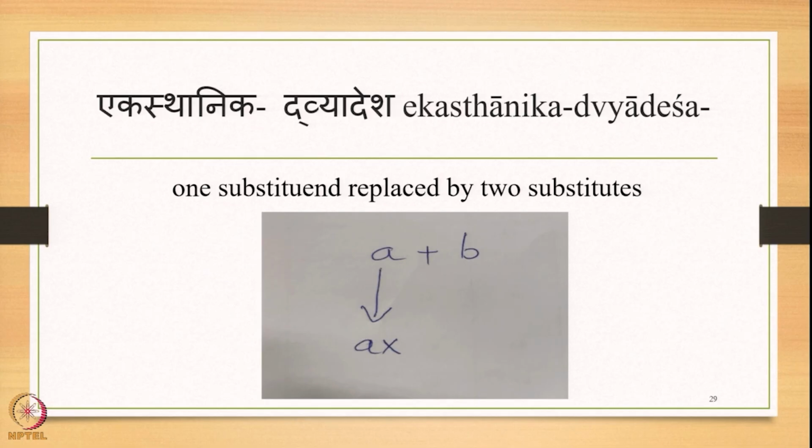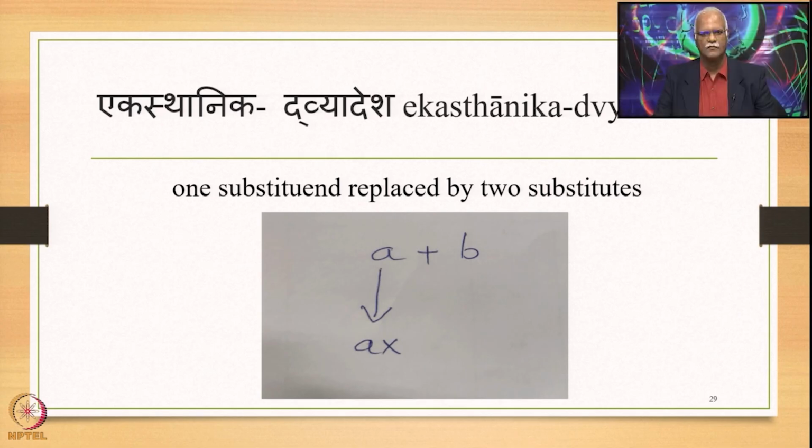This particular Ekasthanika Dvyadesha has examples in the form of augments being added, and the Paninian grammatical tradition believes that augments can also be looked at as substitutes.